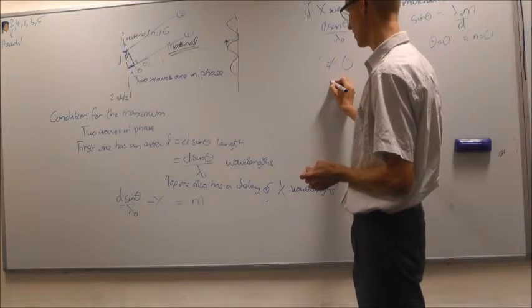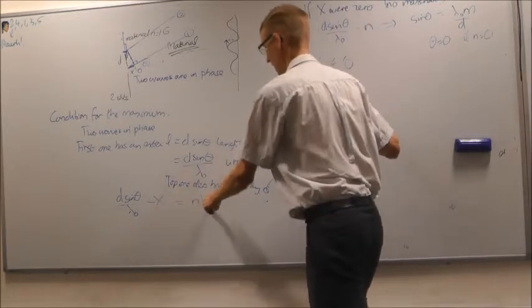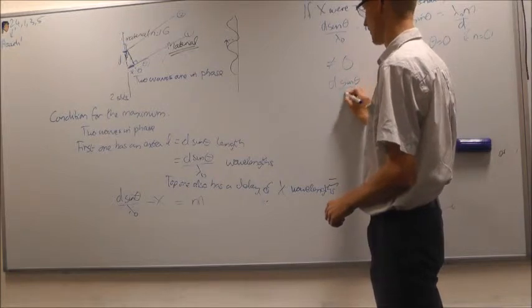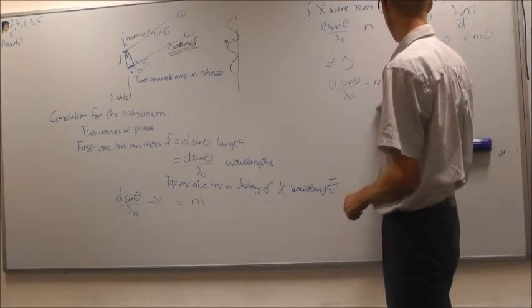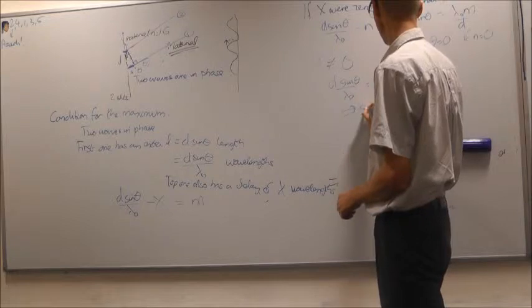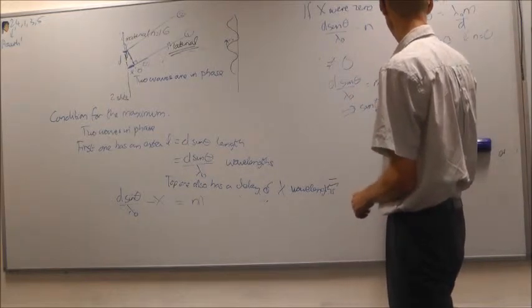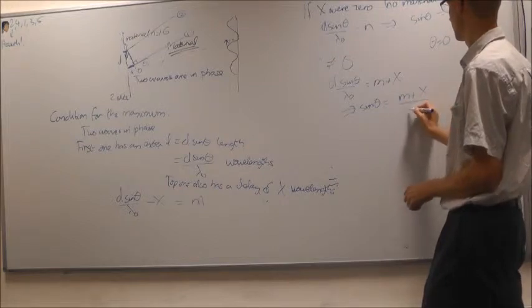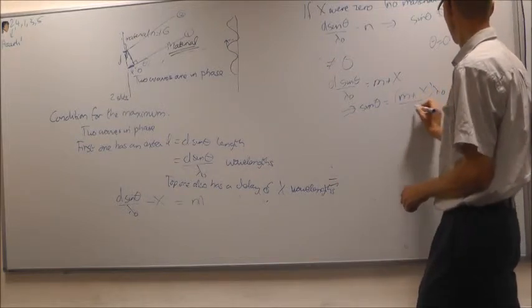So what's our equation now? Move that over there. So d sine theta over lambda naught equals m plus x, which implies sine theta equals (m plus x) lambda naught over d.